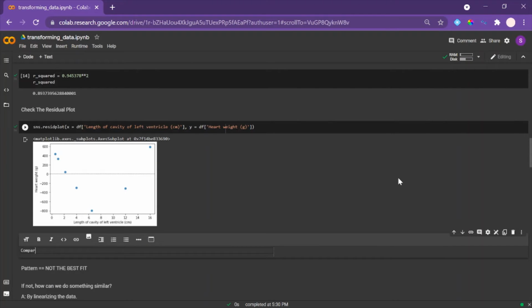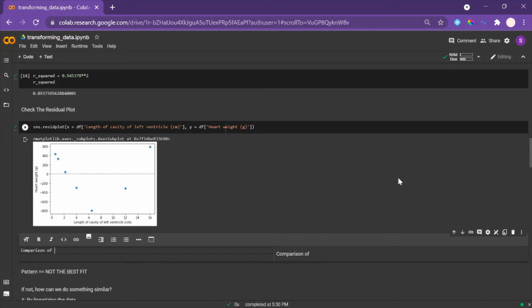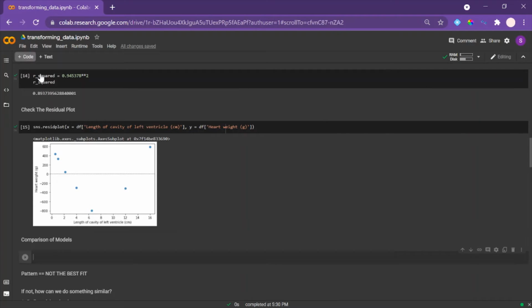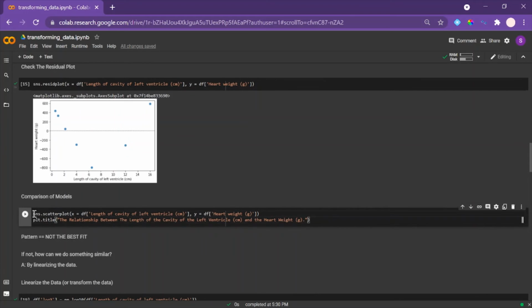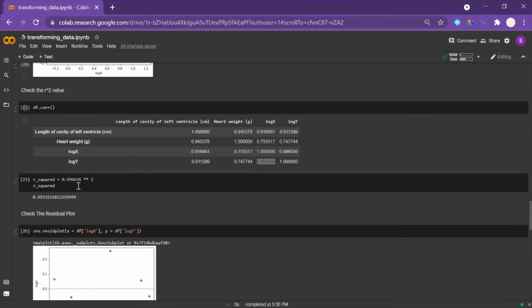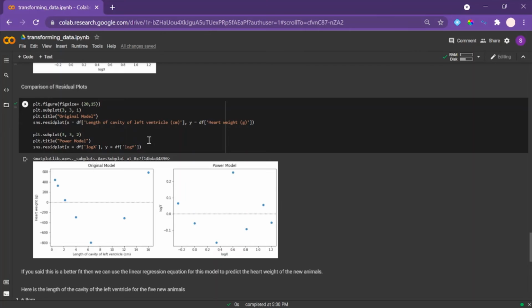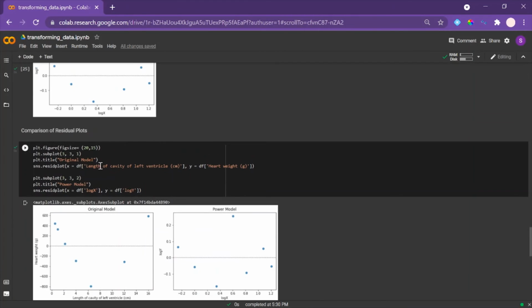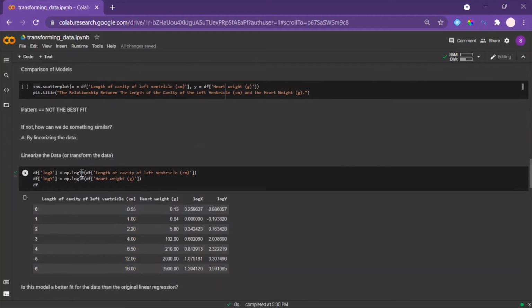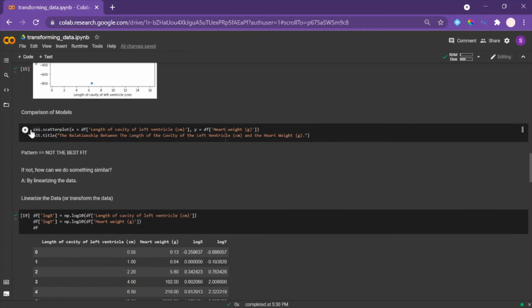So comparison of models. Okay, we're just going to leave it like that. I'm just going to copy the code that I have right here. People say not to copy code because you might mess up or something, but I'm just like, whatever. I mean, not a big deal, is it? Probably is if you're working on big projects.